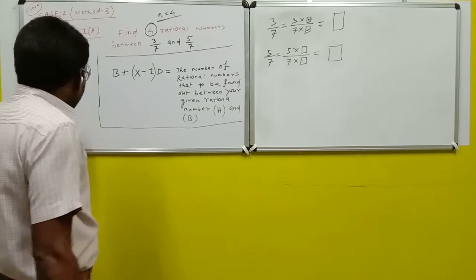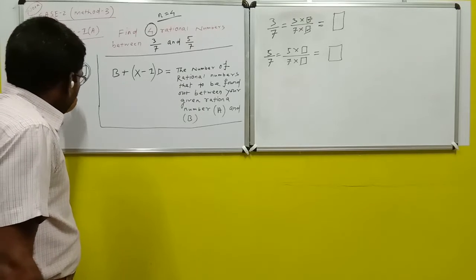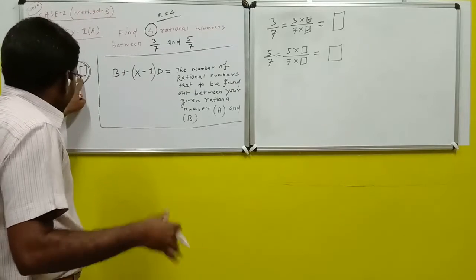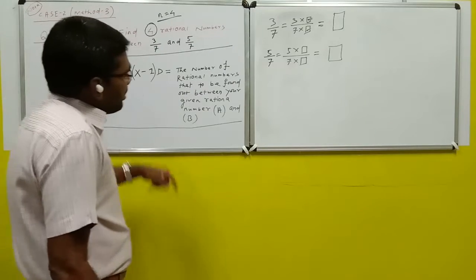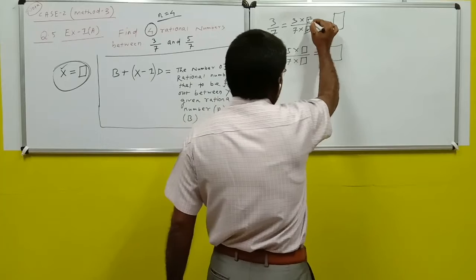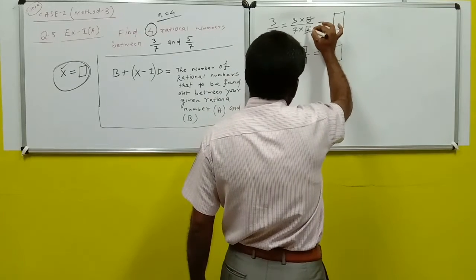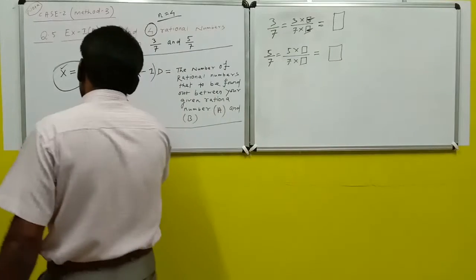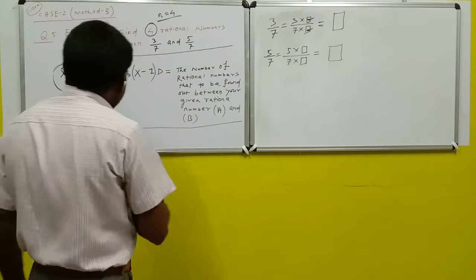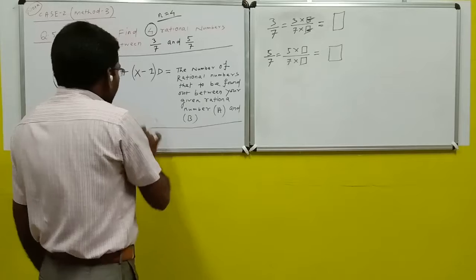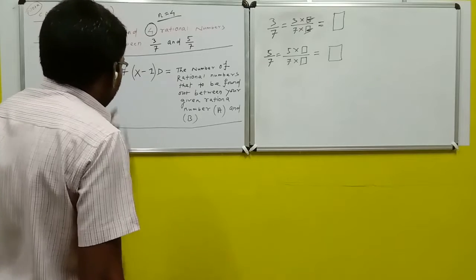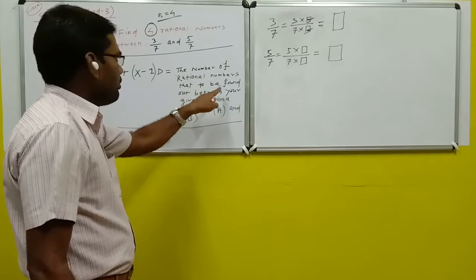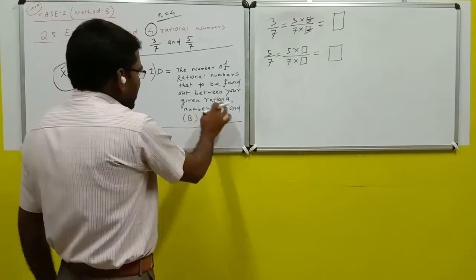So if you find out the value of x, then you get this suitable number. So your duty is to find out the value of x. So the value of x will depend upon this formula. In this formula it has been written that b plus x minus 1 into d equal to the number of rational numbers that are to be found out between your given rational numbers a and b.